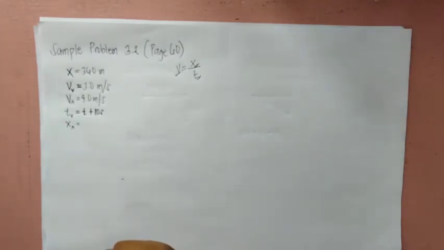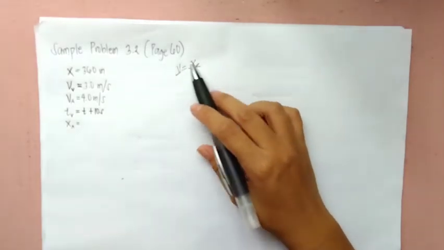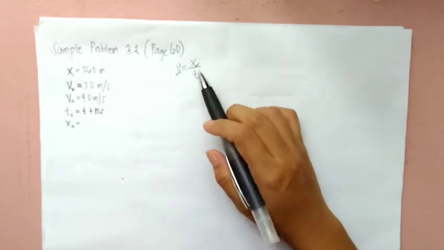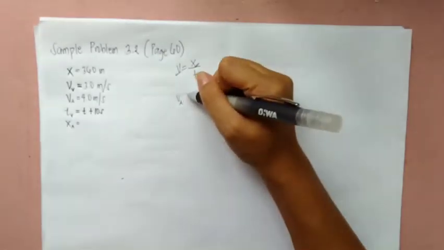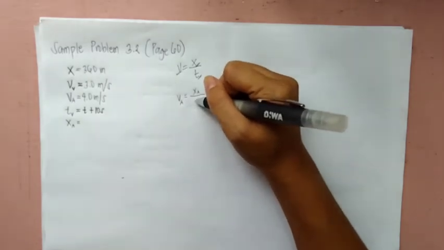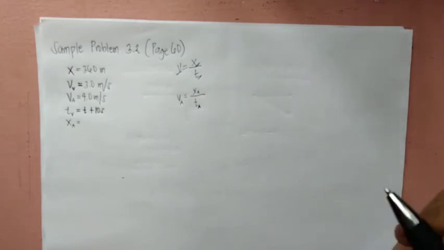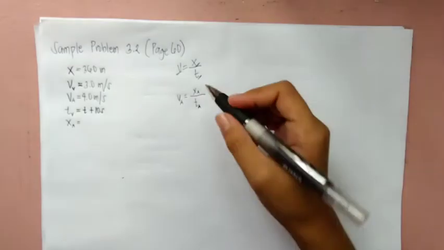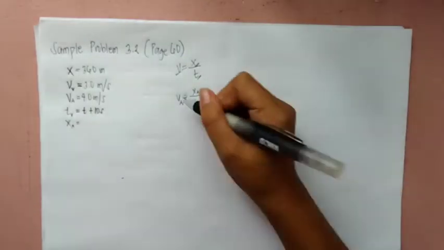So X sub A, Angelito's distance, is not directly stated in the problem. So we have to analyze by using this equation here. This is speed, distance, and time. So since we are dealing with Angelito's distance, we would say V sub A is equal to Angelito's distance over Angelito's time. For us to be able to get the distance, we are going to manipulate this equation by cross multiplying.